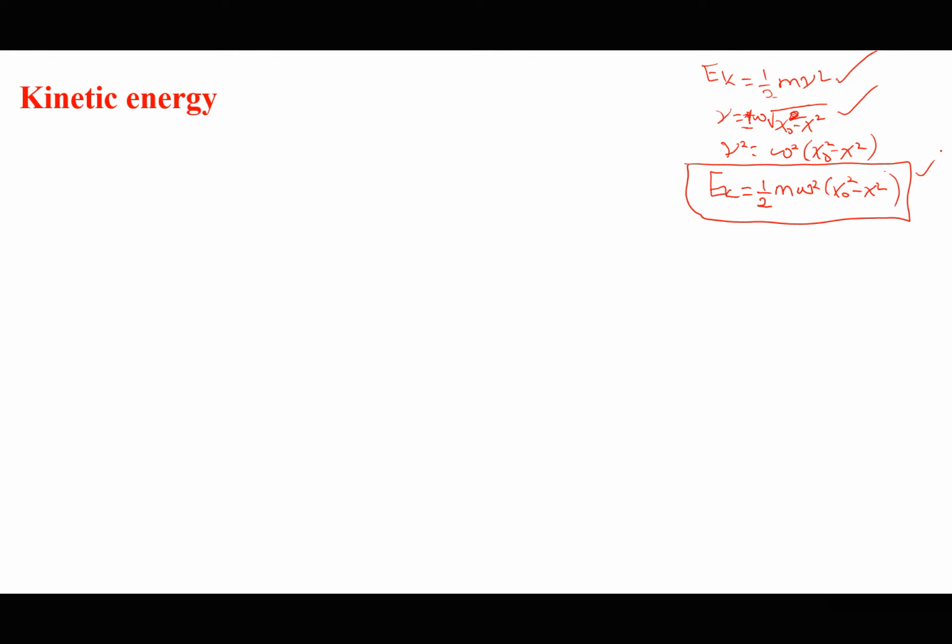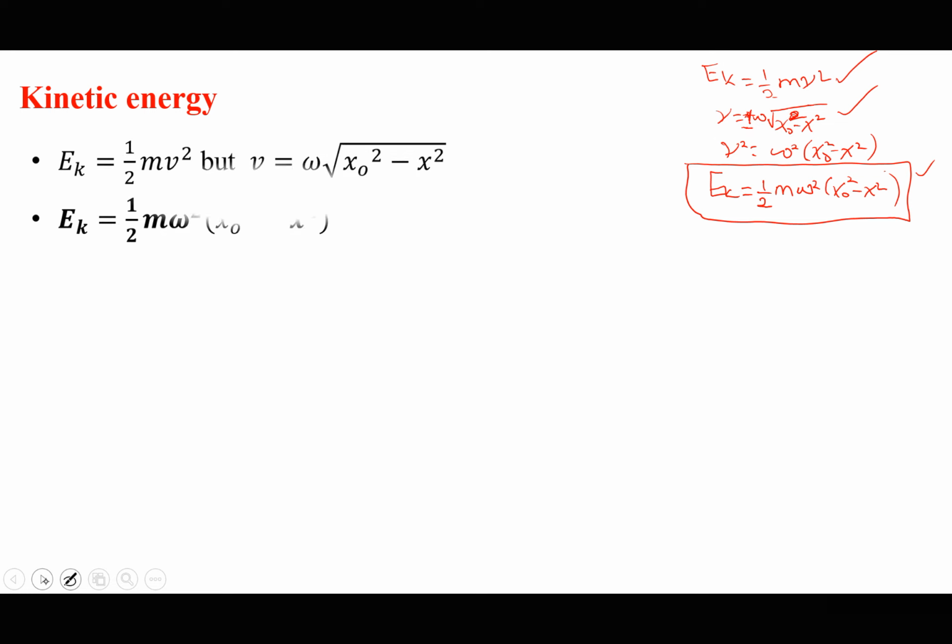Since we now know the expression for the kinetic energy as equal to a half m omega squared into x naught squared minus x squared, we should be able to sketch a graph of kinetic energy against displacement from that equation.